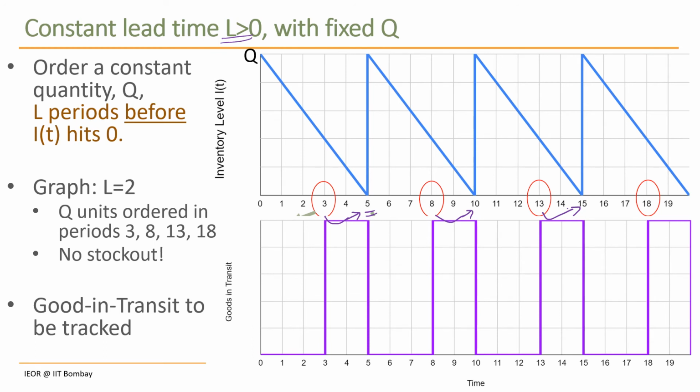In time period 3, the full quantity that is ordered now starts moving and takes 2 time periods until it reaches in time period 5, and once delivered, there are no more goods in transit. Again when an order is issued at time 8, that quantity starts moving and reaches 2 time periods later at time period 10, when again it falls. So there you have inventory on top which is sawtooth shaped, and goods in transit which looks like a rectangular pulse function over time.